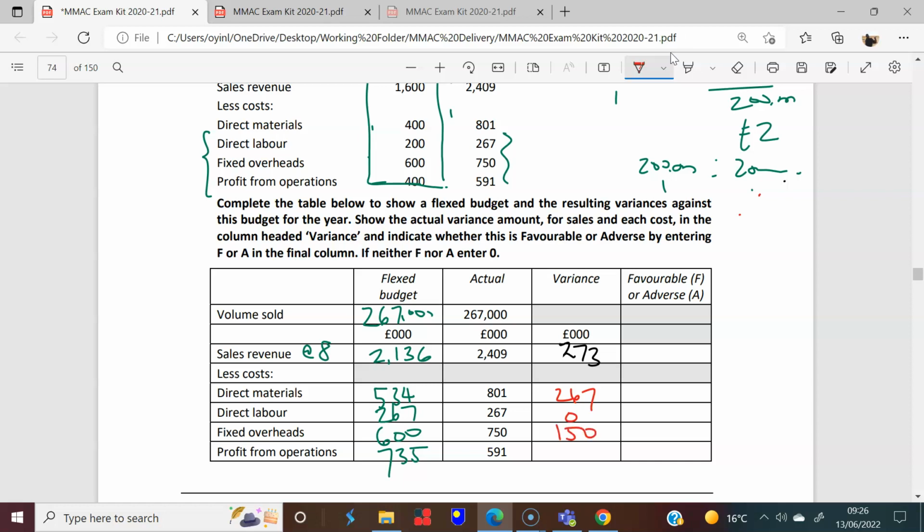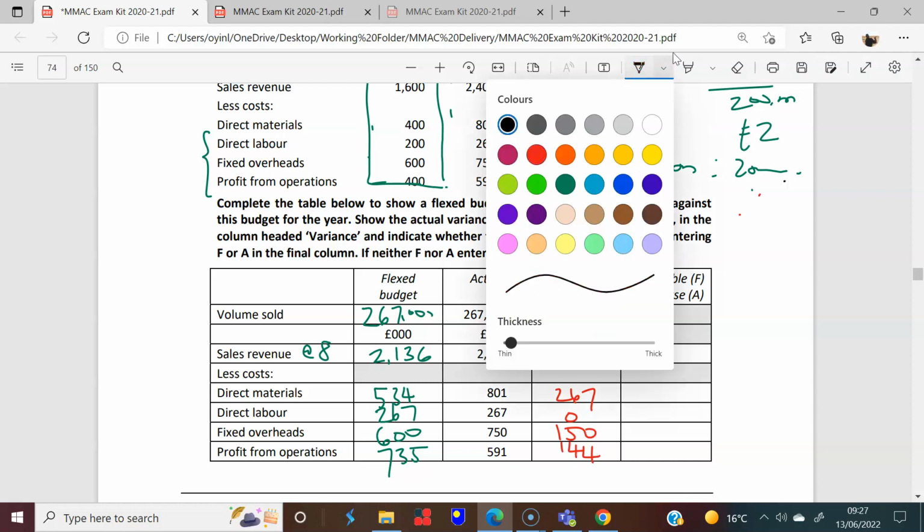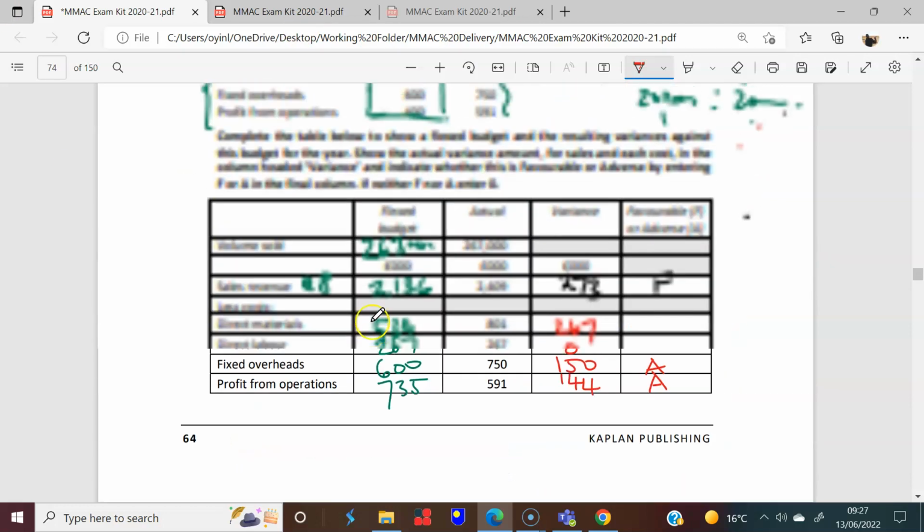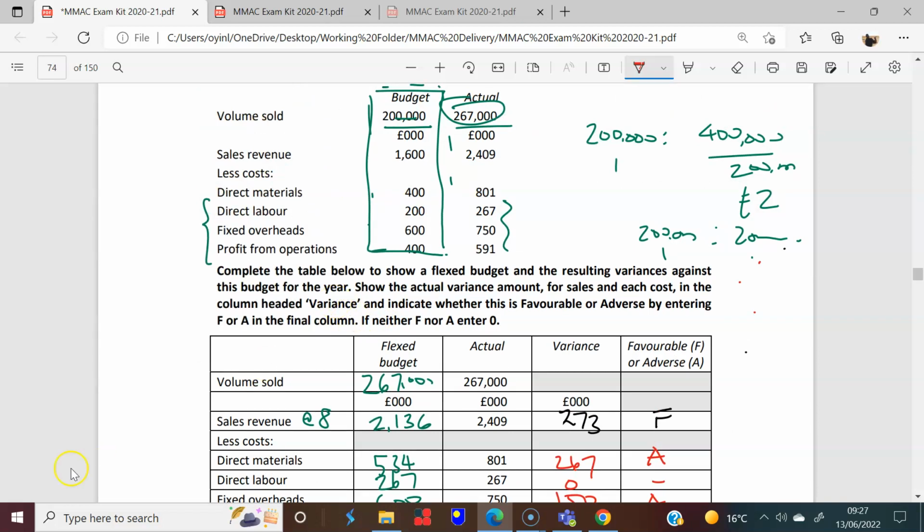Here I can see it's 150. And here your profit ends up being less than it should be: 735 minus 591 is 144. So this is favorable, here we see adverse, nothing, adverse, and therefore adverse. And that's the answer at the end of the question. That's the end of 93, and that's how 93 pans out.